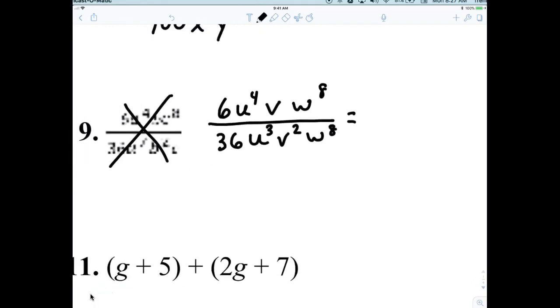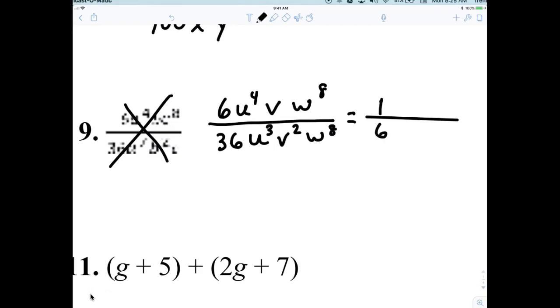So now, we're reducing this fraction. So 6 over 36 reduces to what? Everybody writes down 1 over 6.